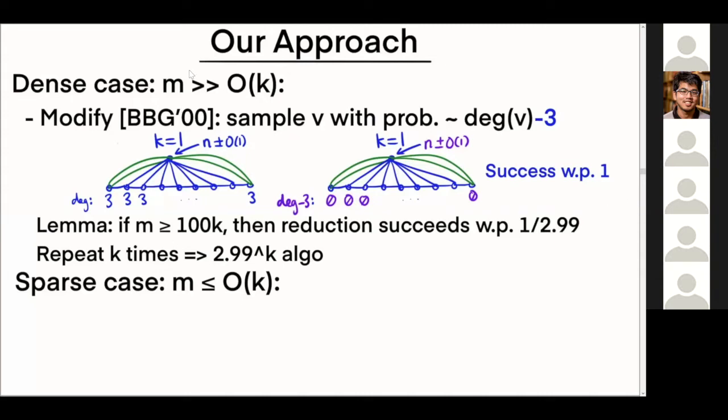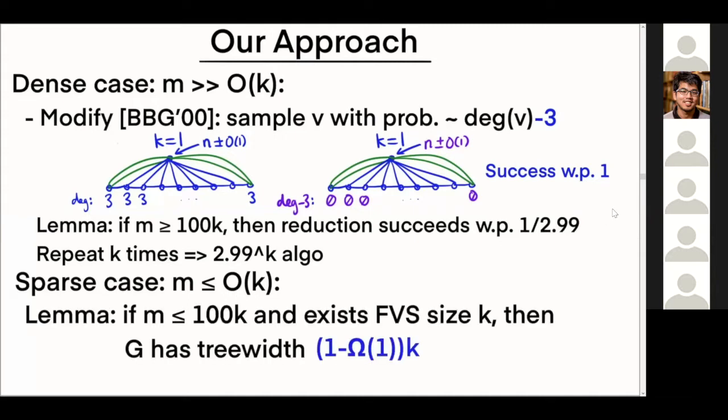So the other case is the sparse case where m is less than a constant times k. In this case, our key observation is, it's well known that any graph with a feedback vertex set of size k has treewidth at most k plus 1. But in this case, if the graph is sparse enough, then we can show that the graph has treewidth strictly bounded away from k.